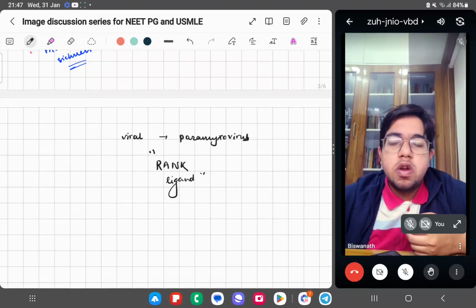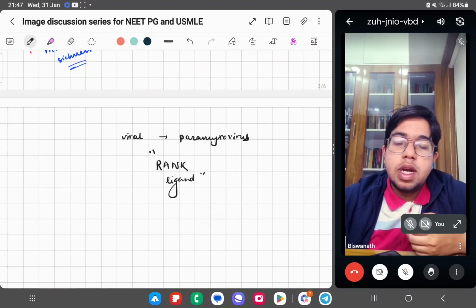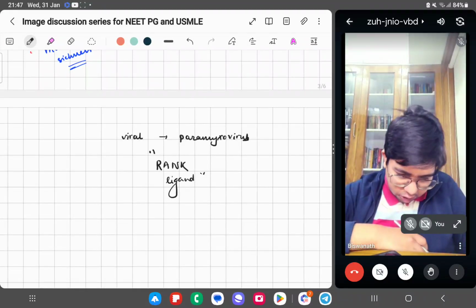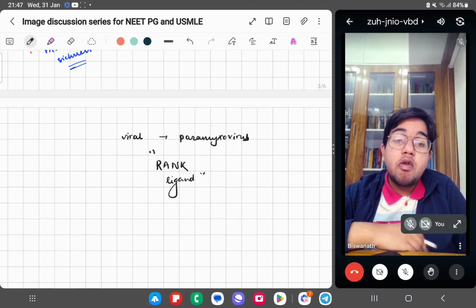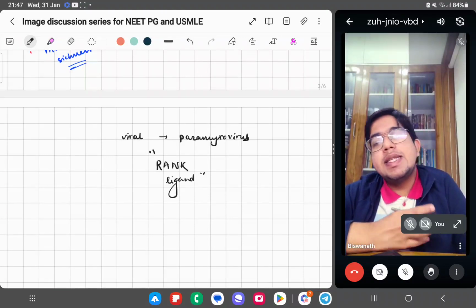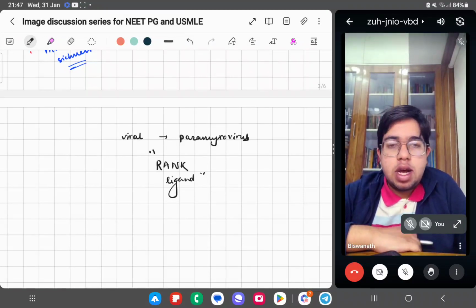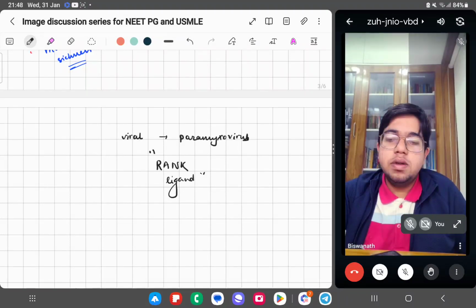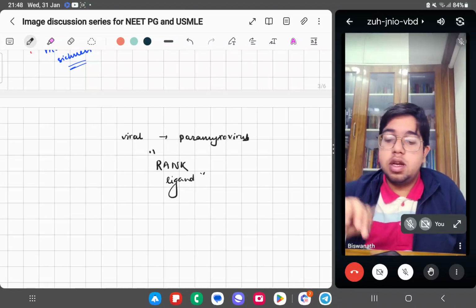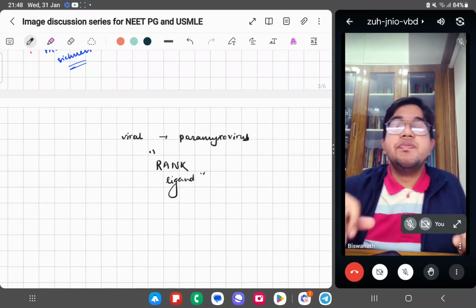In osteitis deformans, the patient will present with a drooping skull. Why is there a drooping skull? Because the skull has become very heavy due to the abnormal deposition of bone.